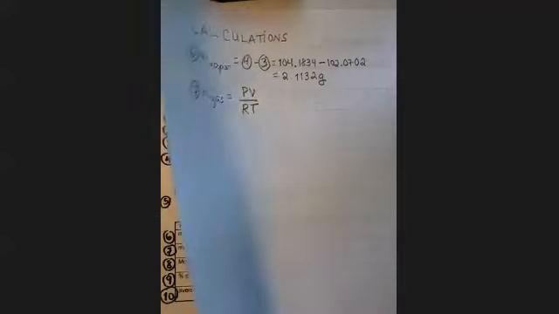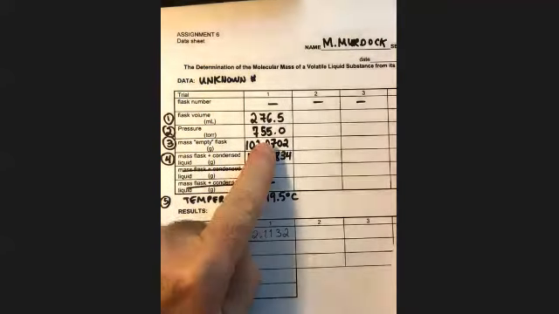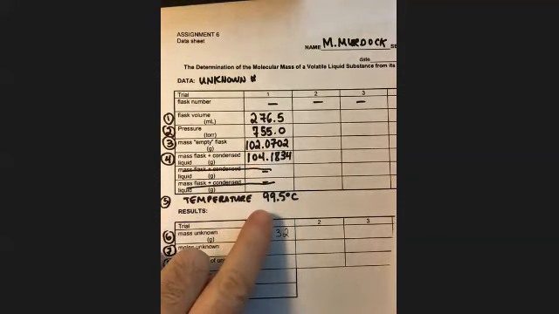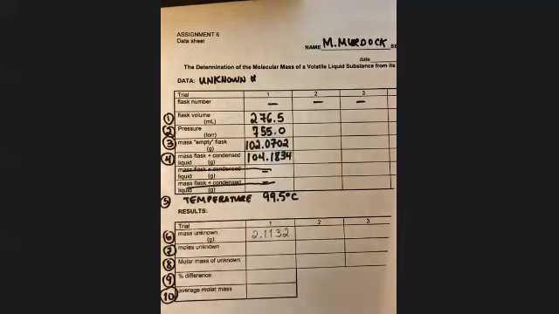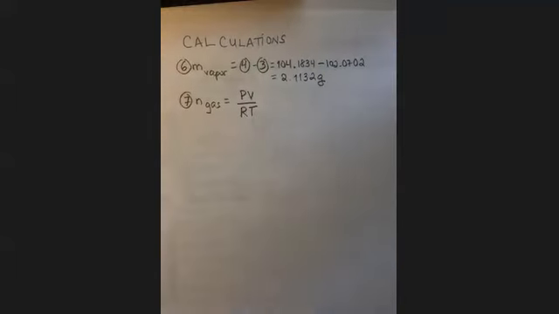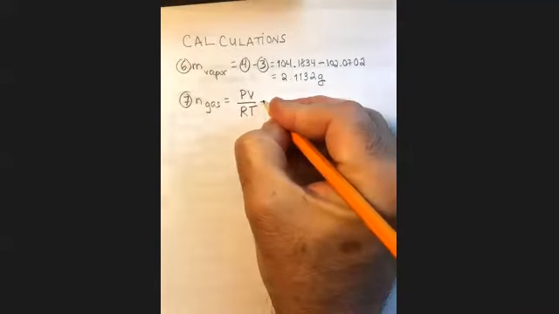So we have the pressure here, which was 755.0 torr. We have the temperature here, which is 99.5 degrees Celsius. We have the volume, 276.5 milliliters. So all of those we're going to have to convert to the proper units. So let's go ahead and do that here.